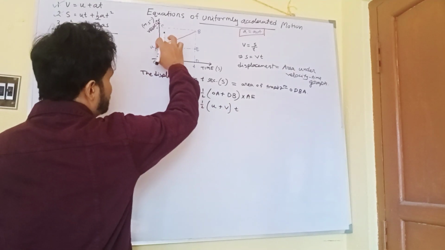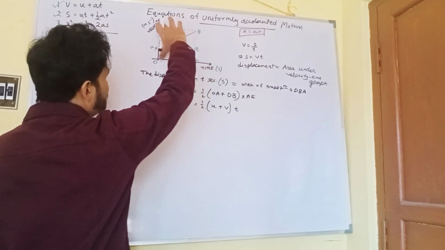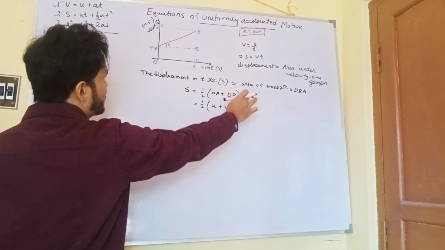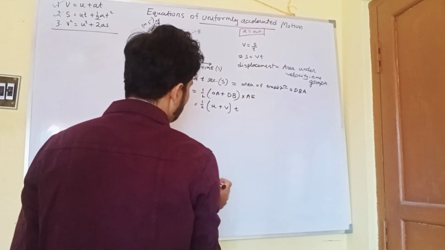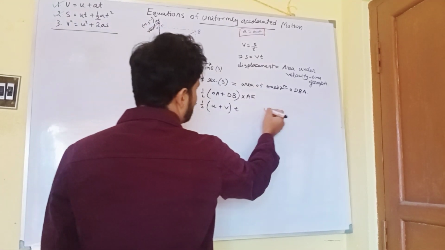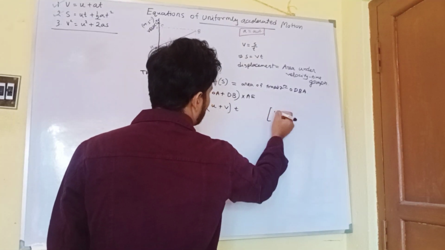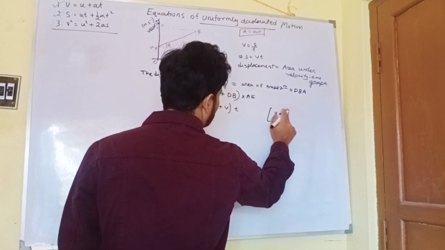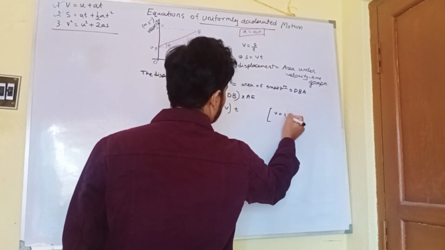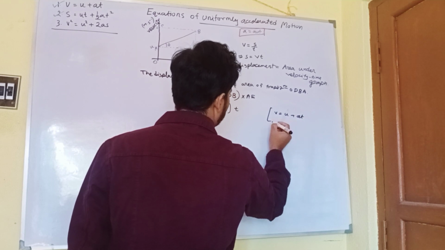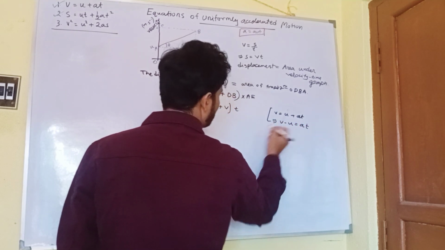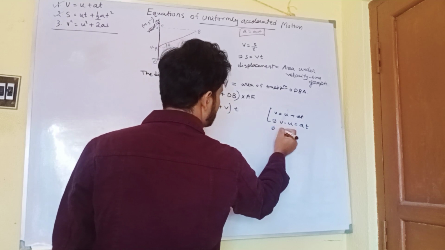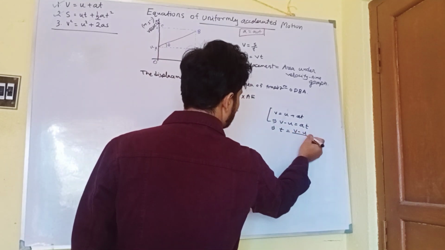OA is U, DB is equal to OC is equal to V, AE is equal to OD, that is T. Now we know that V is equal to U plus AT. From here, V minus U is equal to AT, so T is equal to V minus U by A.